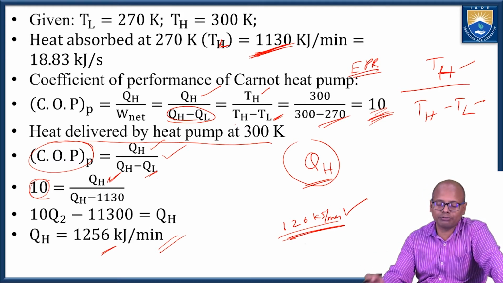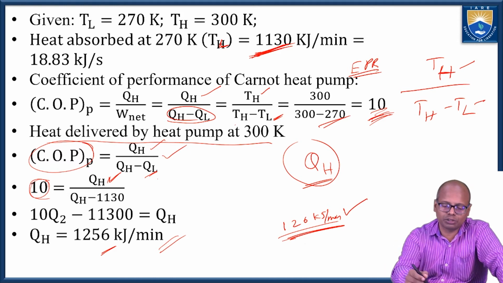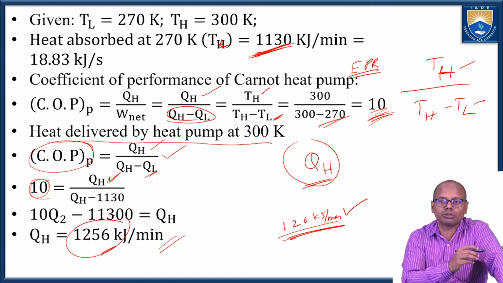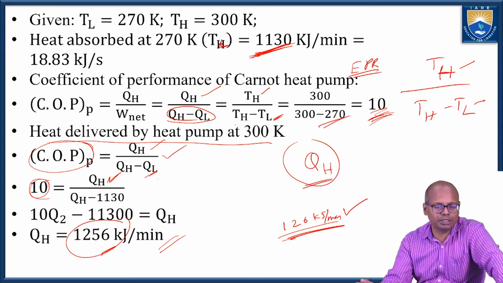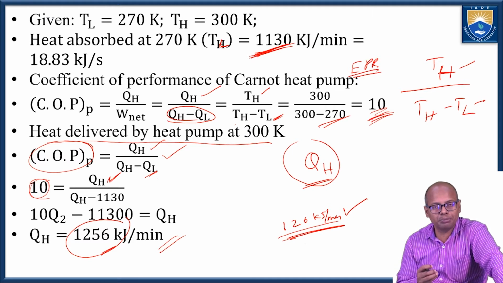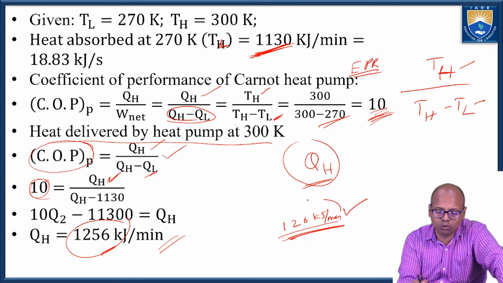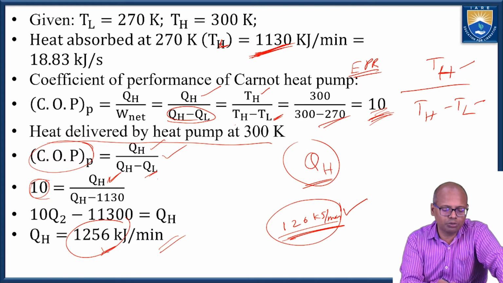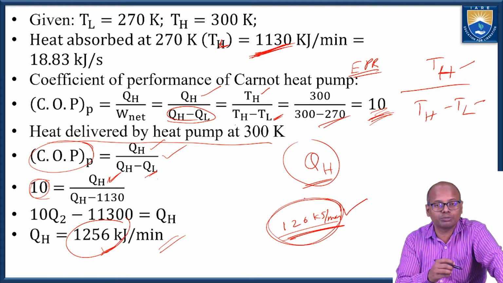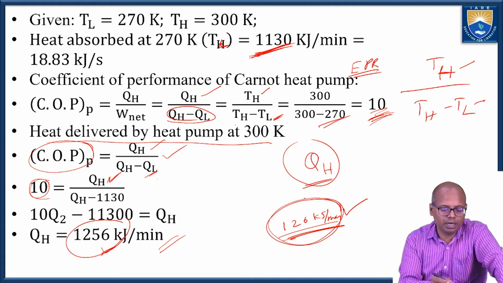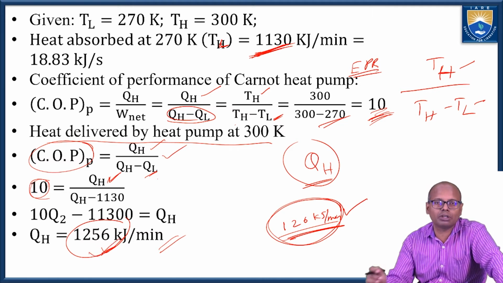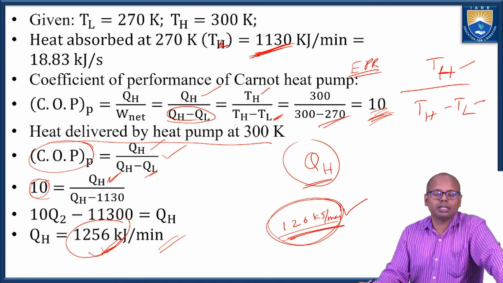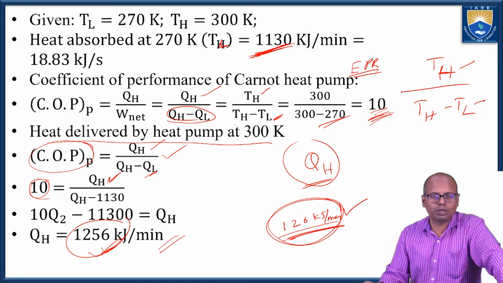If I use a room heater and have to supply this much heat, I have to give so much work or energy to the heater. But with the heat pump, if I supply only this much energy, I can supply this much heat to the hot room. So this is the advantage of using a heat pump instead of a simple room heater.